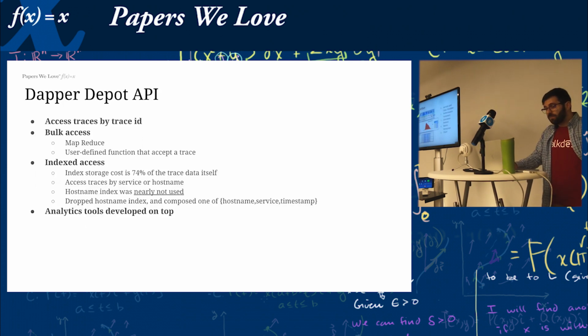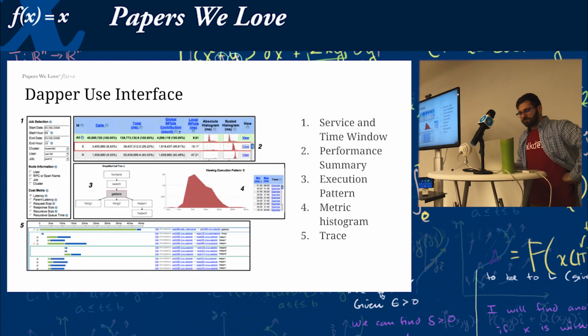Another tool they developed is the Dapper User Interface. Another typo here. Basically, in this section, you select the time window and the metric that you want to evaluate. There is a performance summary here, a histogram with all the latencies.